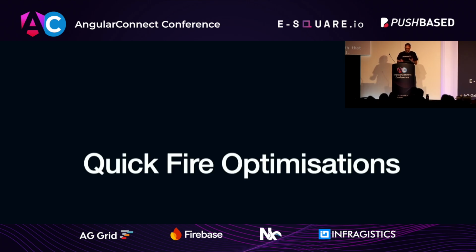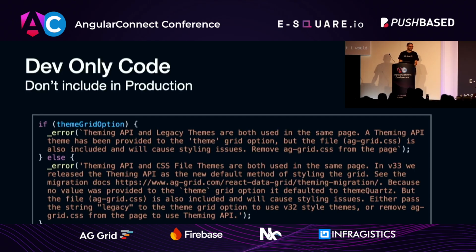And then this part is just some quick fire optimizations, which some of these you may think is going too far. Some of them I think is going too far, but I thought I would let you know anyway for you to make that decision. I think this one's quite a safe one. Say you've got all this logging and extra information about error cases.